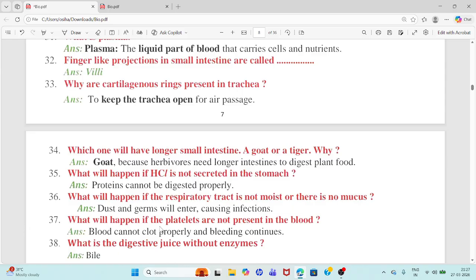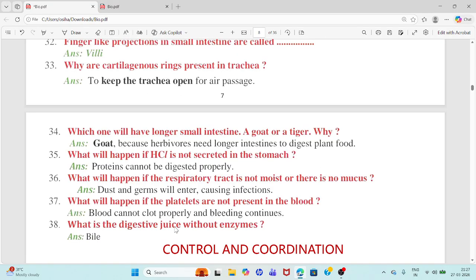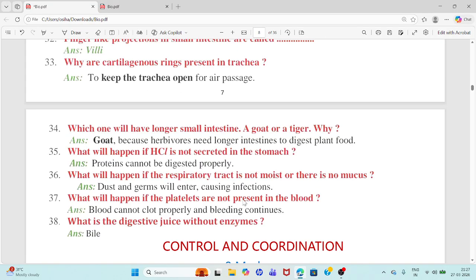Next, what will happen if platelets are not present in the blood?